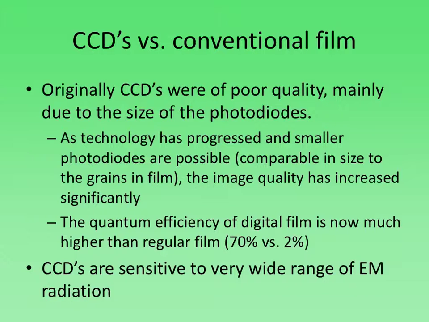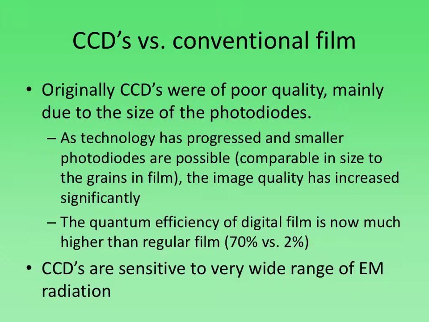As we mentioned, the quantum efficiency is about 70 or 80%, and that goes up with each passing year. With regular film, it's really only about 2% with chemical-based film. And so you can see that just in that regard, the digital camera is far superior.